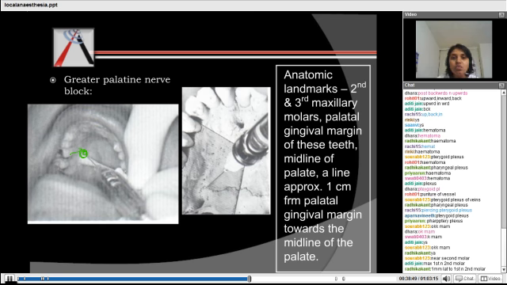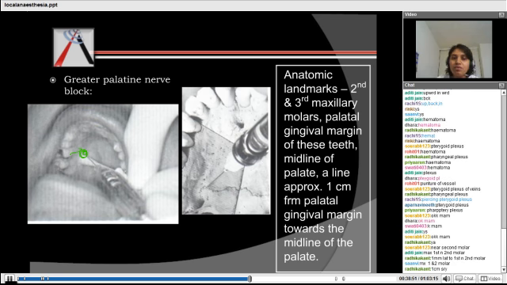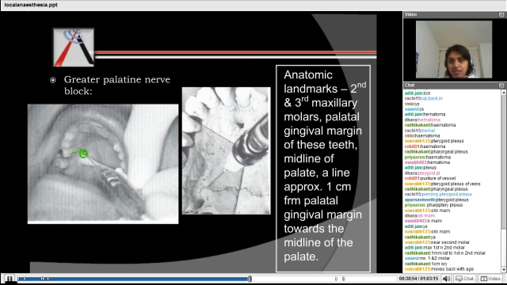So we again go from the opposite side, and the landmark is second and third maxillary molars. Okay, and towards the midline, and we just inject in front of this thing. Here we are not trying to go inside the canal. You getting my point? We are not trying to go inside the canal. Right? We are just depositing in the vicinity.